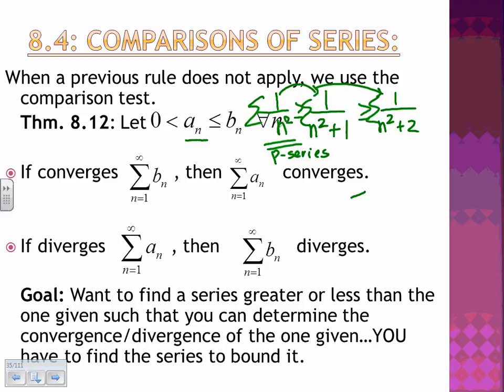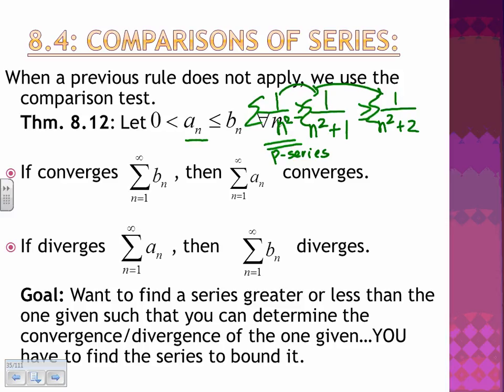Okay? So let's see if I can think off the top of my head. We know what that does. I don't know, we'll get to some. You'll see, okay? Sorry, I can't think off the top of my head sometimes. Alright, so if you have something smaller that diverges, the bigger has to diverge. If you have something bigger that converges, then the smaller has to converge.